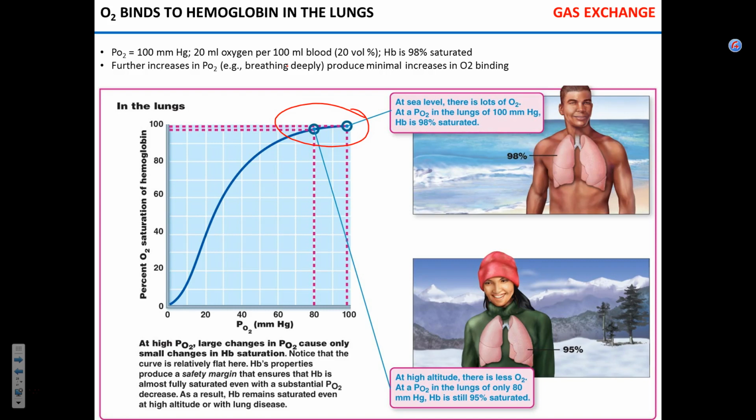And that provides a physiological way to adapt for life at a certain elevation. When you go to a certain elevation, hemoglobin saturation stays high, despite the fact that the partial pressure of oxygen in the air is lower than at sea level.